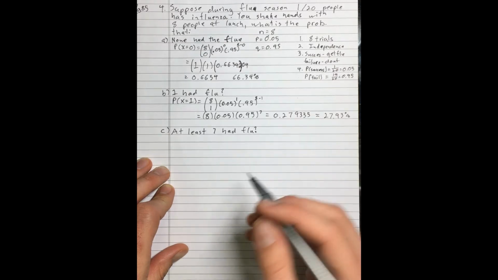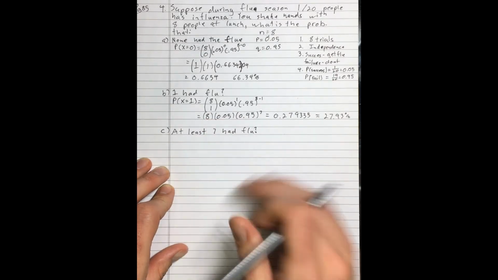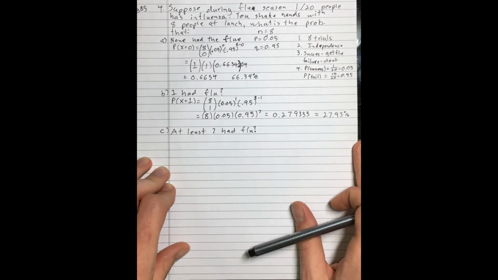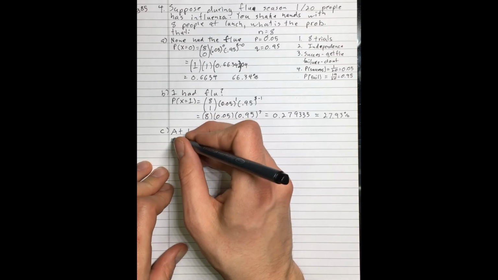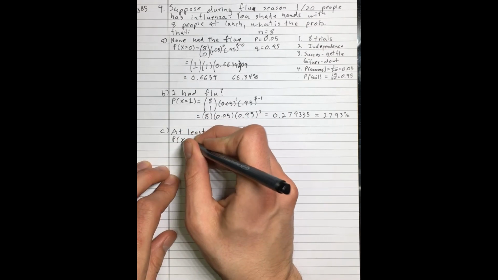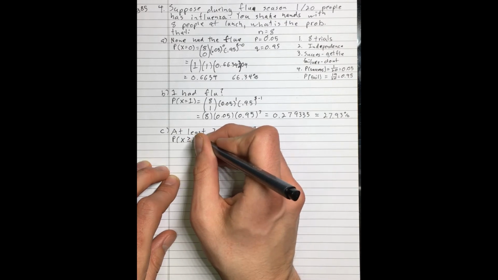Now, last but not least, C, this is saying at least 7 had the flu. This sounds pretty challenging on the surface, but let's see. So the probability that x is at least 7.